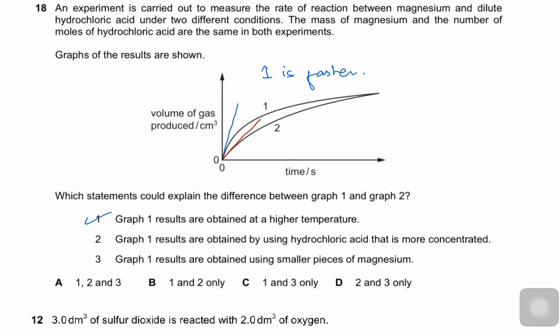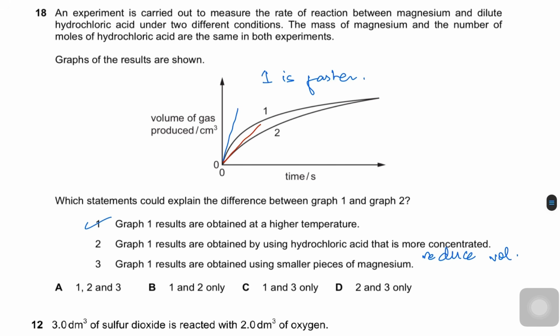It could be done because when you're using it more concentrated, you could reduce the volume. And the question says the moles are the same, so you're keeping the moles the same, and that could be true. Graph 1 results are obtained using smaller pieces of magnesium. Smaller pieces also provide more surface area, which makes the reaction faster. So A is correct.